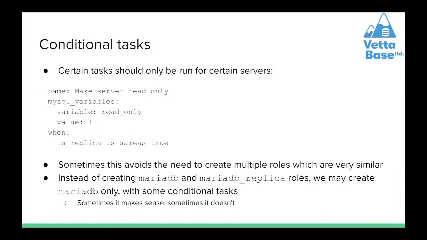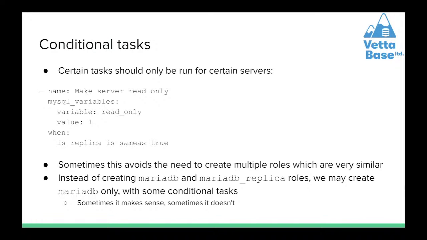So in this example we use again the when attribute. Basically the task itself is executed only if there is an isReplica variable which is set to true. If this is the case, a MySQL variable is set using the MySQL variables module.